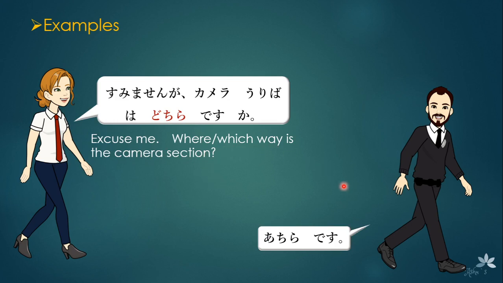So he answers politely, achira desu. Which means that way over there, or over there. When someone asks a question using dochira, you also reply with similar words like achira, kochira or sochira.